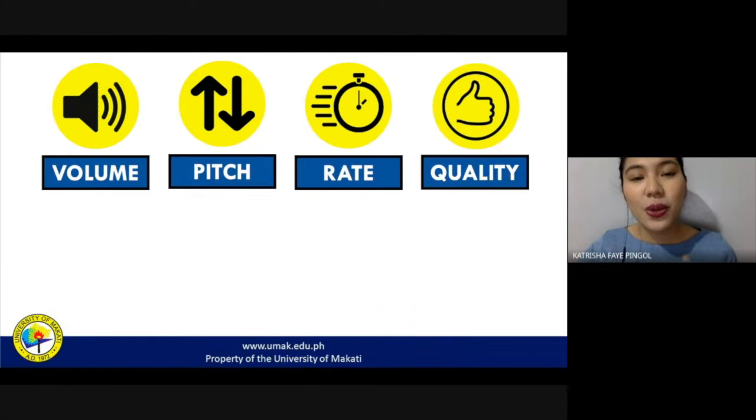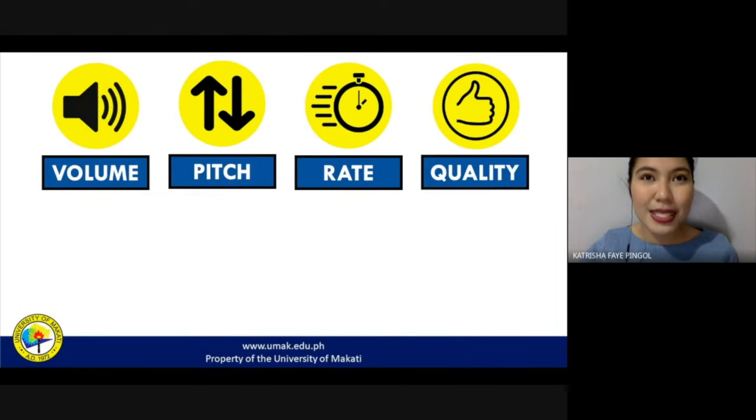We also need to consider, in terms of using our voice, the quality of the voice that we are projecting. Is it good enough? Is it audible to our listeners, to our receivers of the message? Could they understand it easily?